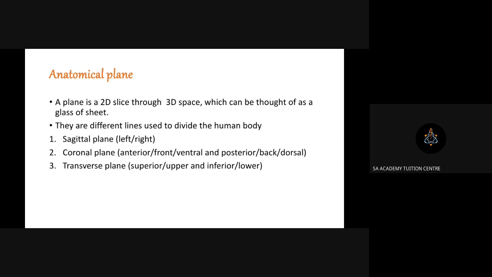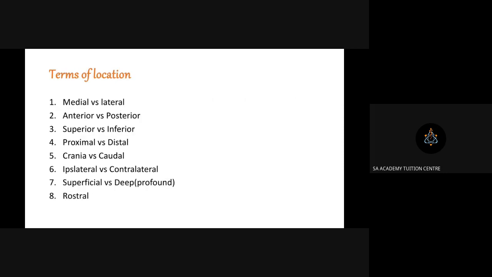So for example, the head is superior to the shoulders. That's the best example that I can give. And the other example is the knees. The knees are inferior to the hip joint because they're below it. Proximal versus distal.